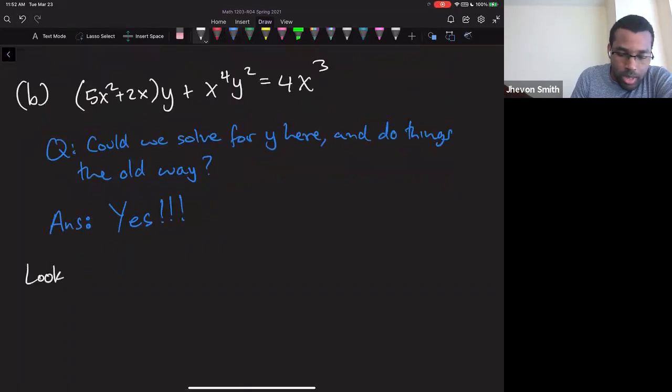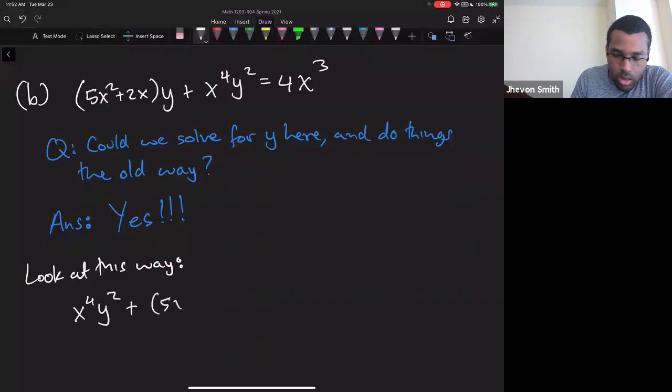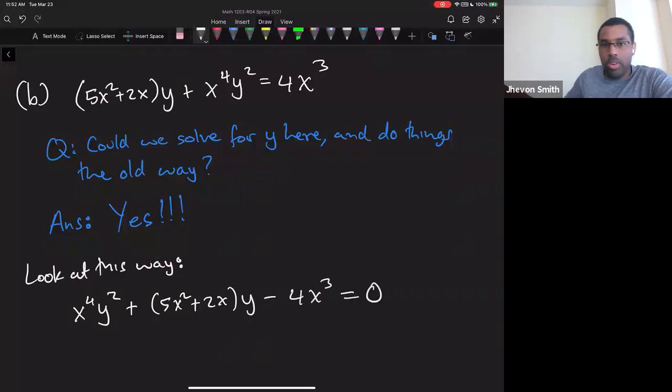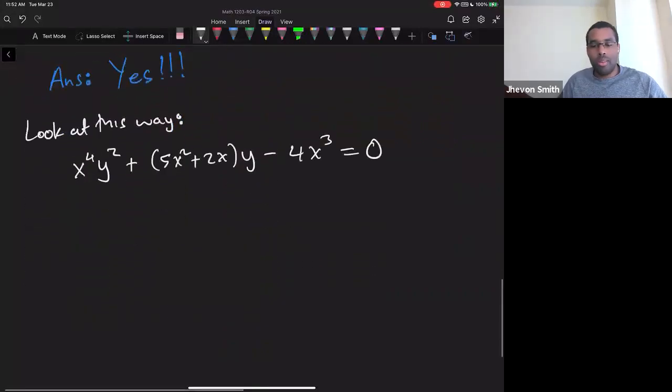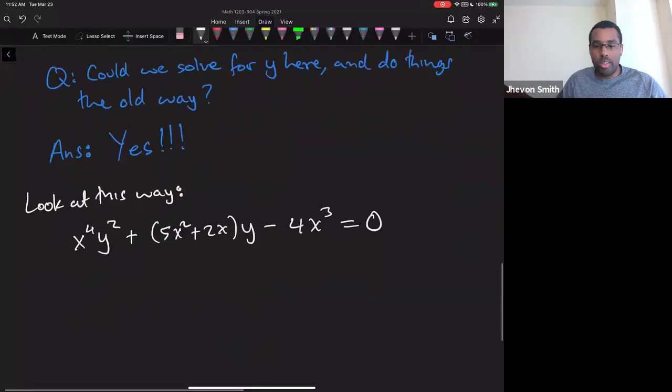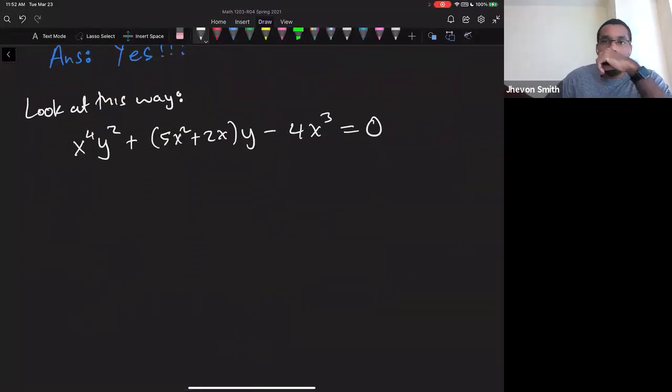Look at it this way. Maybe this will help you. If I wrote it that way, would that help? Same thing, I just rearranged the terms. Do you see how we could solve for y now?